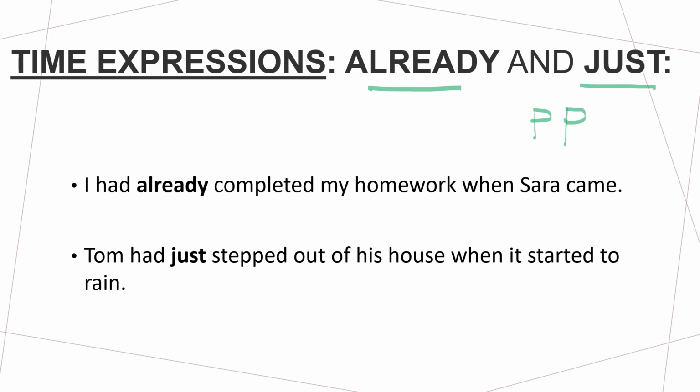For example, I had already completed my homework when Sarah came. Tom had just stepped out of his house when it started to rain. So when we are using already, we are using past perfect tense. And when we use just here, again we are using past perfect tense.